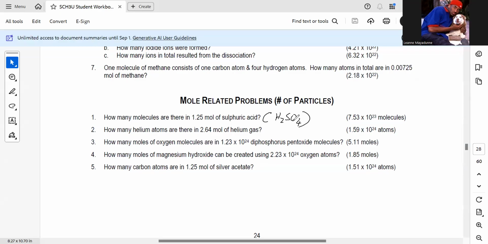There are 7 atoms. So how many atoms in 1.25 mole? You multiply by 7. Yes. So that is where the trouble will start.